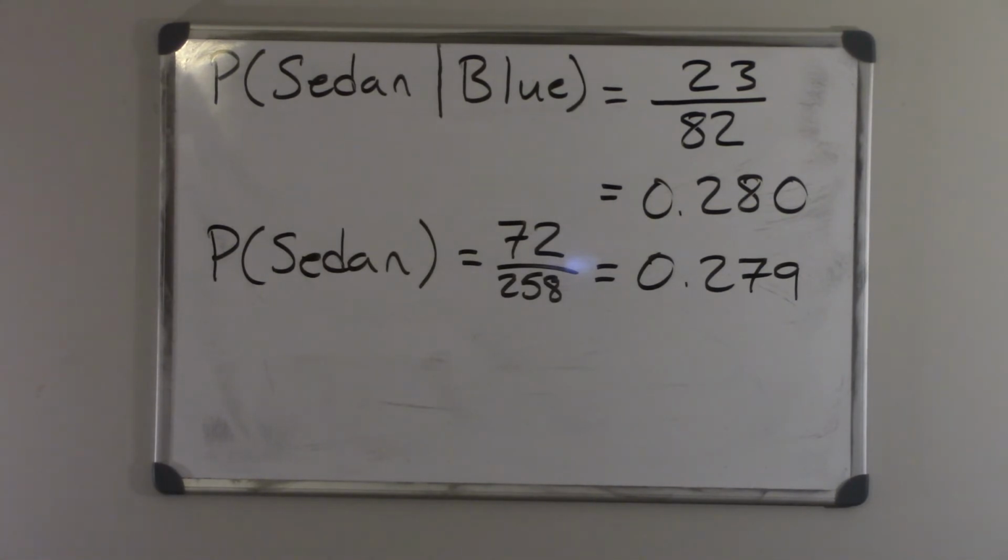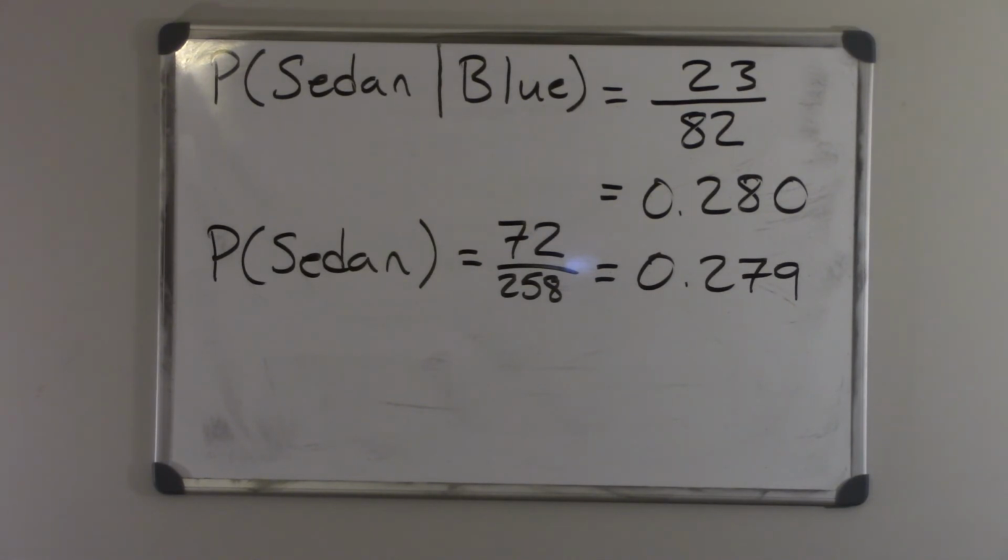As I was doing this example and writing it up, I saw that these answers are really close. However, they are not equal to one another. They're off by a very small amount.